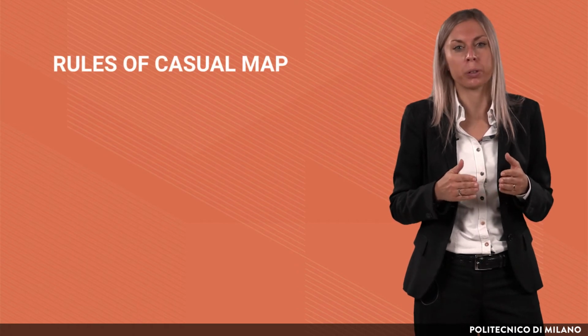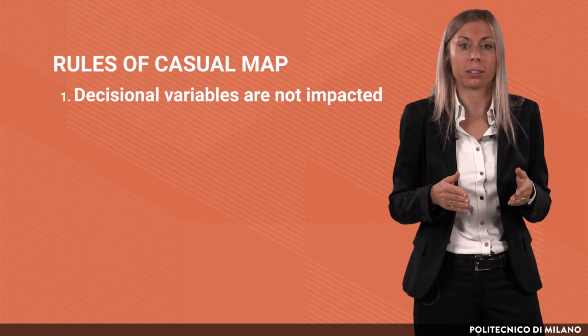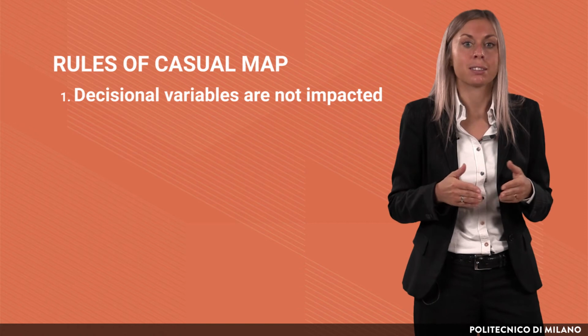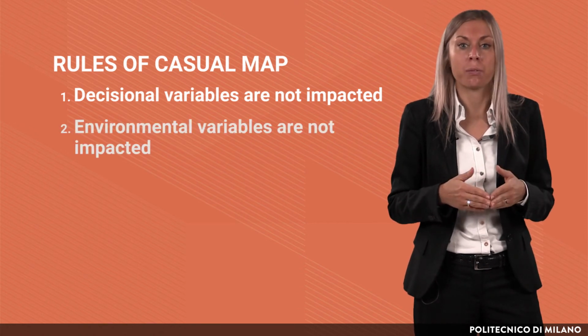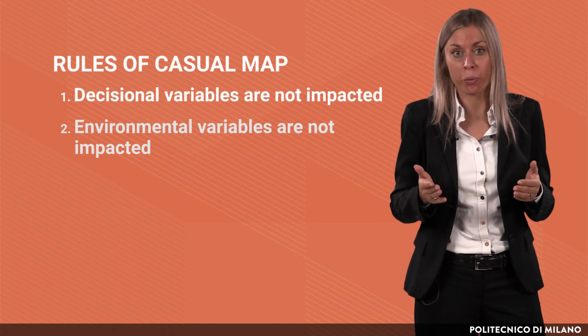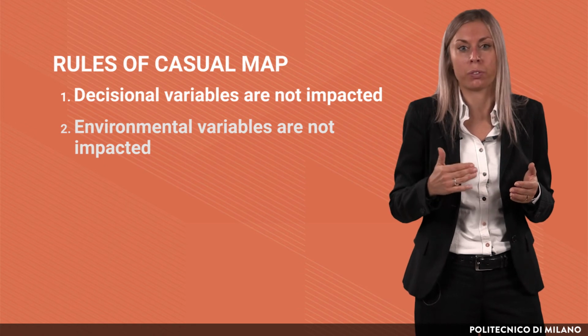To develop a causal map, there are some rules to bear in mind. First rule is that decisions cannot be impacted by other variables because they are independent variables. Secondly, for the same reason, environmental variables cannot be impacted by other variables because they are perceived as external, and so the decision maker cannot change their value.